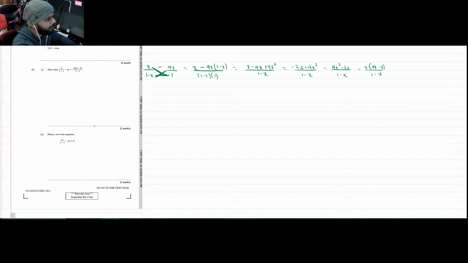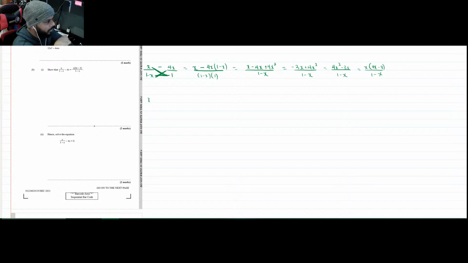Hence, solve this equation. Well, if I have this fella here equal to 0, we just now proved that this fella here that I circled is actually x into 4x minus 3 all over 1 minus x.